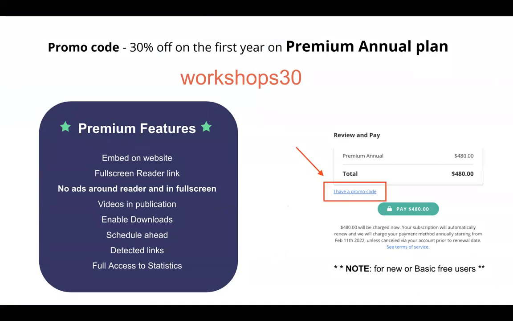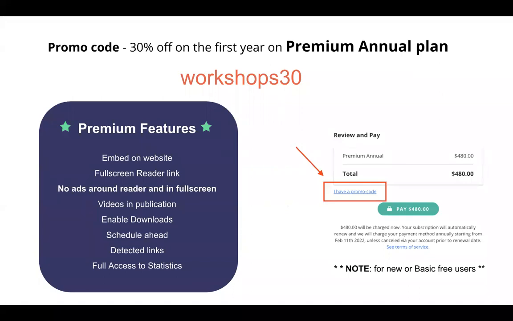I mentioned the promo for everyone who would like to jump on premium annual. So we have 30% off on the first year from today's workshop, what we covered and what is available on the premium plan. Embedding on your website, you can recreate your publication into full screen. That's not possible on our free basic plan.